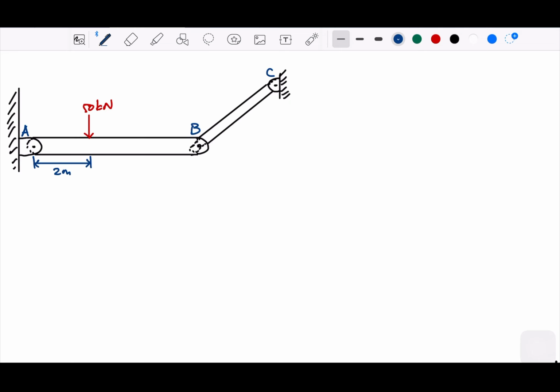This is 2 meter, and this is 4 meter. For the diagonal sides, it will be in proportion with the Pythagorean 3, 4, 5 ratio.